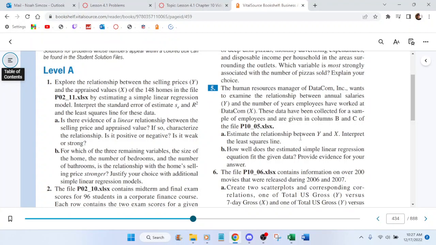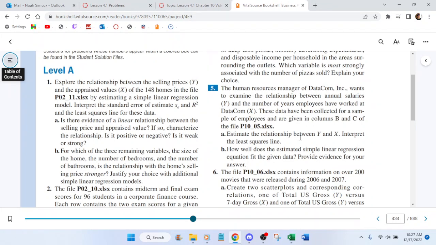Examine the relationship between the annual salaries and the number of years employees have worked at the company. So the salary is Y and the number of years worked in the company is X. Examine the relationship between them.